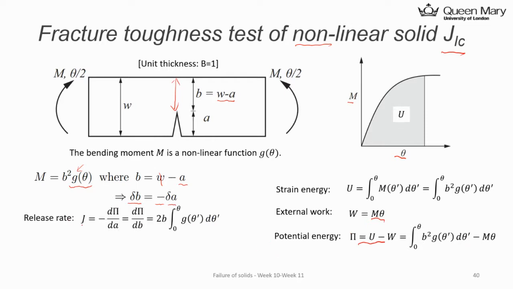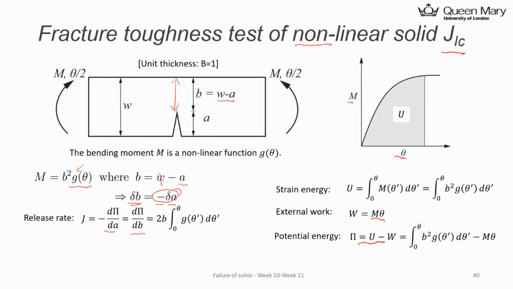So when you use the J definition, not the integral definition, just the energy definition over a, you will find that you can change the derivative over a by replacing that to b, which is essentially doing the derivative on b.